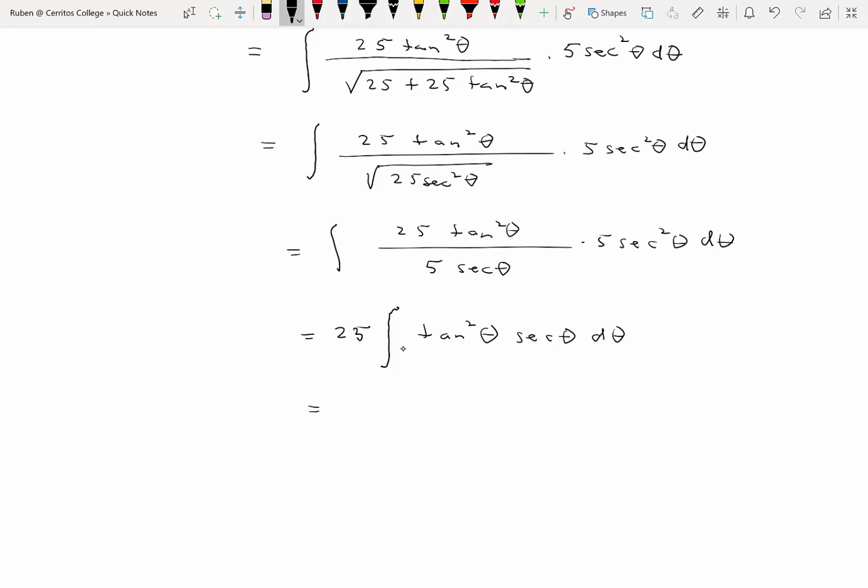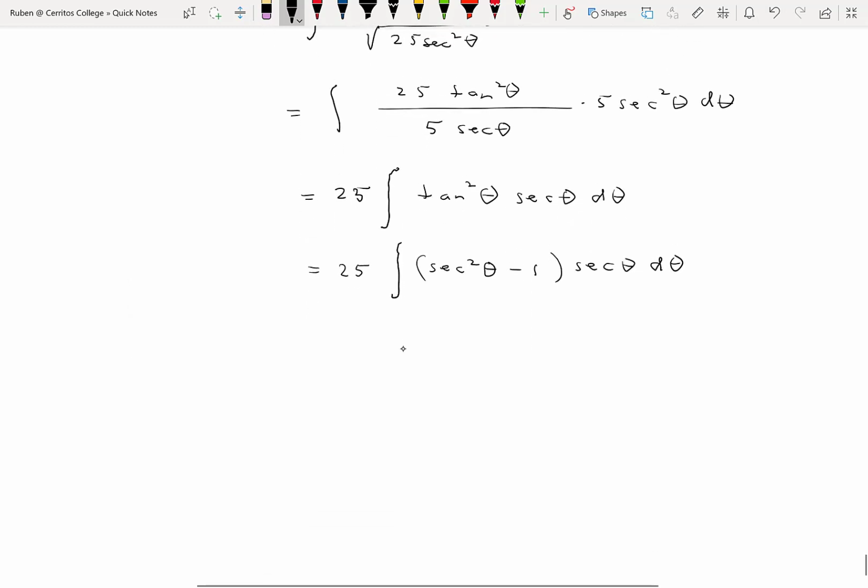This is from 7.2. This was the last case in powers of tangent and secant. The key is to write tangent squared as secant squared minus 1. So this is the unpleasant case, reduced to powers of secant.